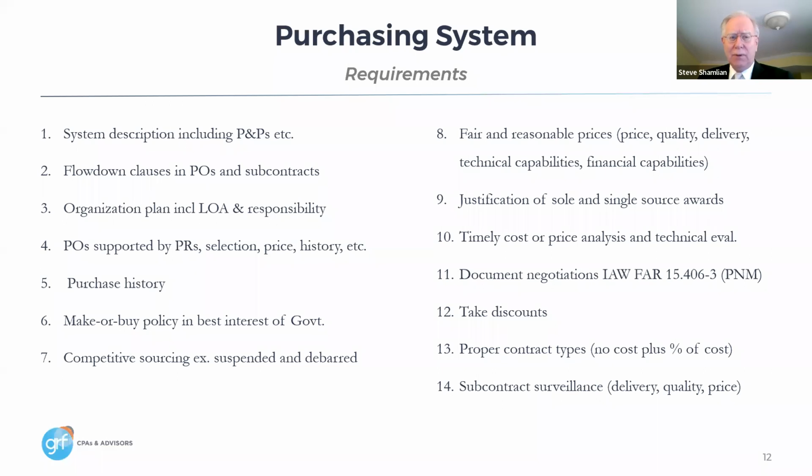Of course, you should have competitive sourcing to the extent practicable. And you should not deal with suspended or debarred contractors. You should have fair and reasonable pricing, and that's not based on price alone: price, quantity, delivery, technical capabilities, and financial capabilities. You shouldn't be dealing with a contractor or supplier that you think is going to go bankrupt during the course of performance.